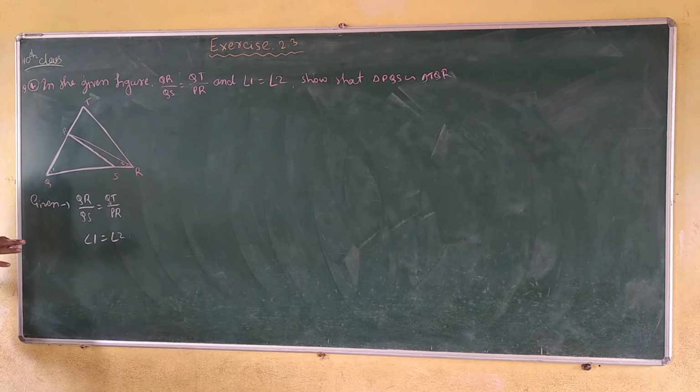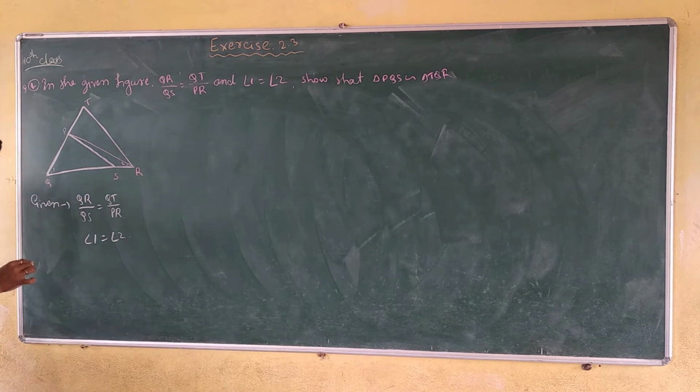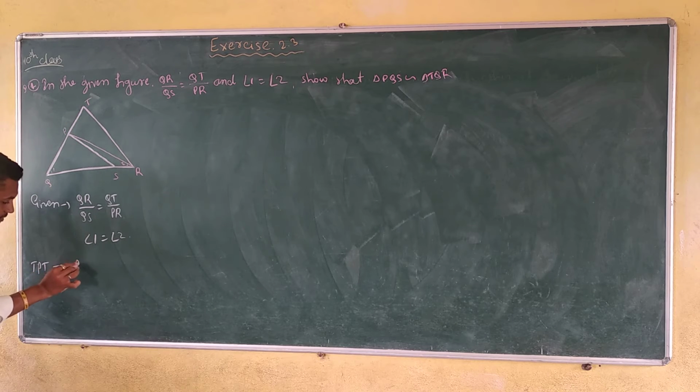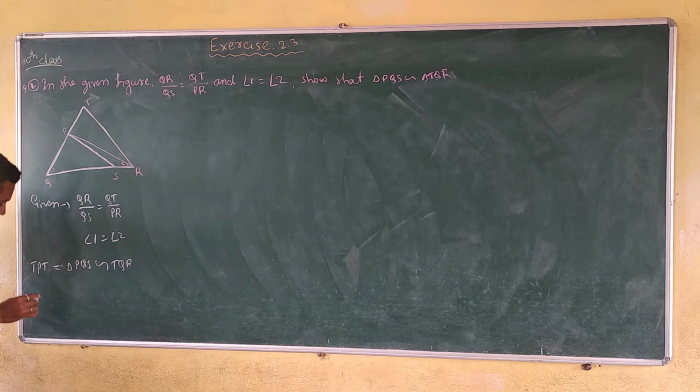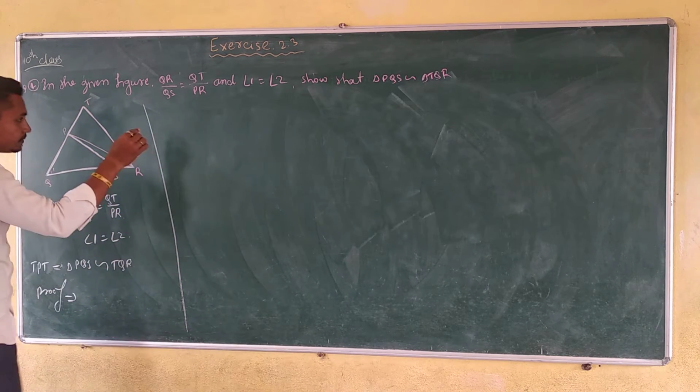Now what do we have to prove here? Triangle PQS is similar to triangle PQR. Okay, so proof.